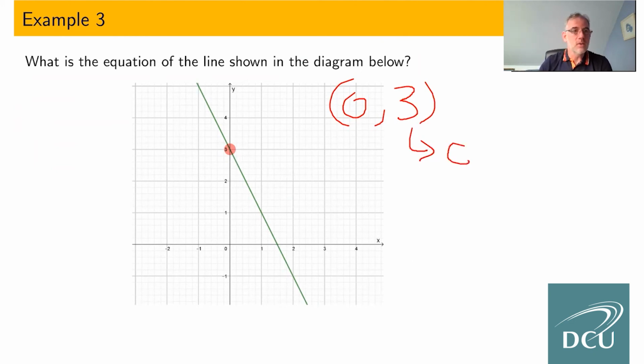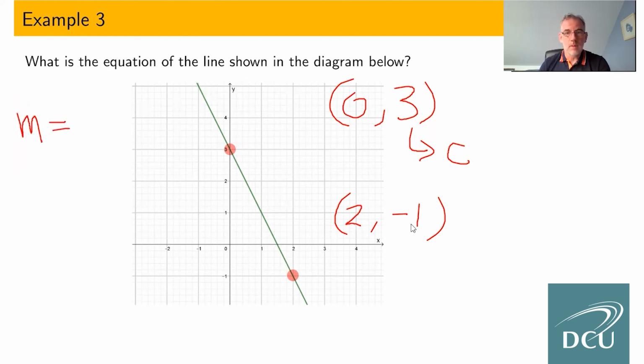Now what I need to do is figure out what the slope is. And the slope is the rise over the run. So if there's a second point on the line that will easily allow me to calculate the rise over the run, I can see that this point here seems to have nice convenient coordinate values. Those look like x equals 2 and y equals -1. Then I can calculate the slope, the rise over the run.